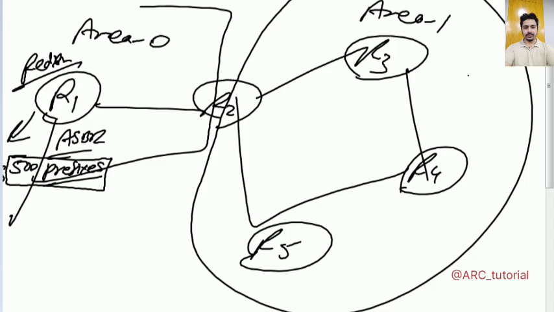So remember, one summary LSA can have maximum one prefix information, as well as a type 5 LSA can have maximum one prefix information, as well as a type 7 LSA can have maximum one prefix information. So as per the number of prefixes, you will have that number of LSAs. So if you have 500 prefixes, then definitely you will have 500 external LSAs. If you have 500 inter-area prefixes, it means you will have 500 summary LSAs, because inter-area prefixes will always go in the form of summary LSAs.